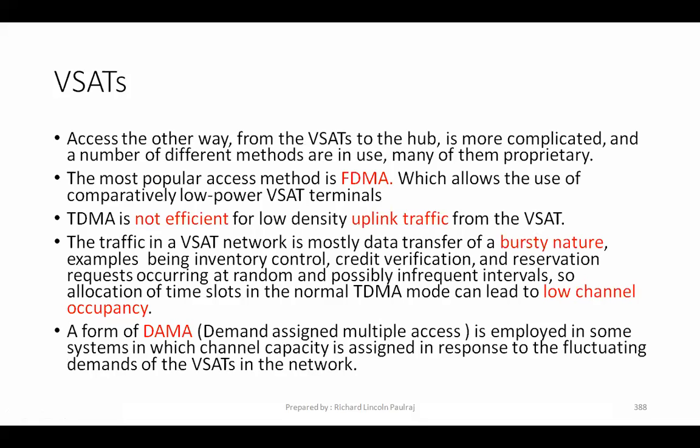If I allocate certain time slots, that wouldn't be appropriate, because by the time the signal passes from one end to the other, there is a lot of delay. So those time slots allocated will be nullified or go to waste. The best possible way to do it is using FDMA.